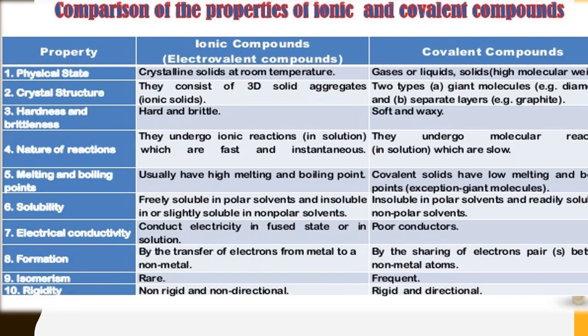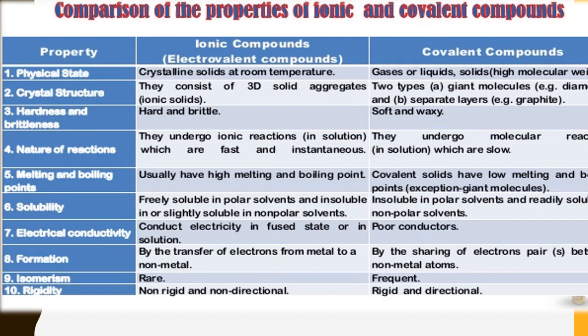Electrical conductivity. Ionic compounds conduct electricity in fused state or in solution, but covalent compounds are poor conductors of electricity. Formation. By the transfer of electrons from a metal to a non-metal, the ionic compounds are formed. By the sharing of electron pairs between non-metal atoms, the covalent bond is formed.